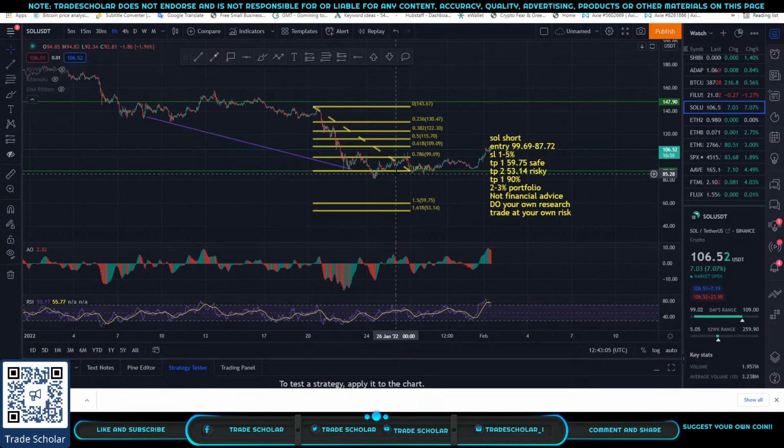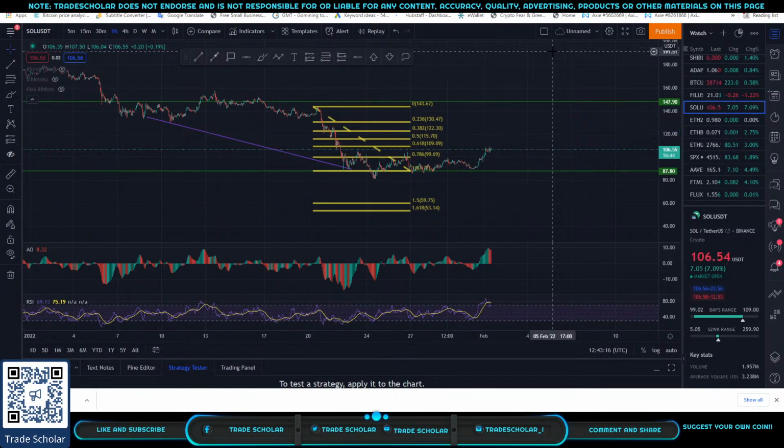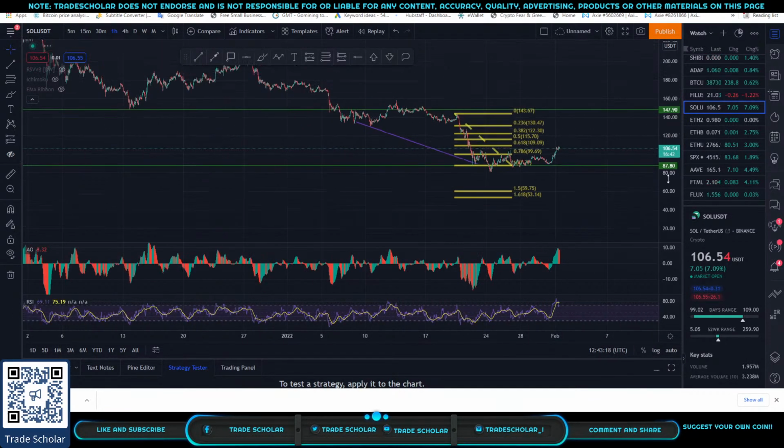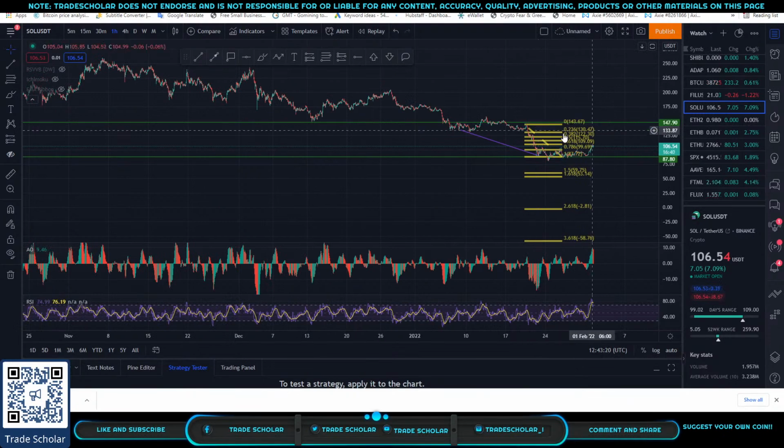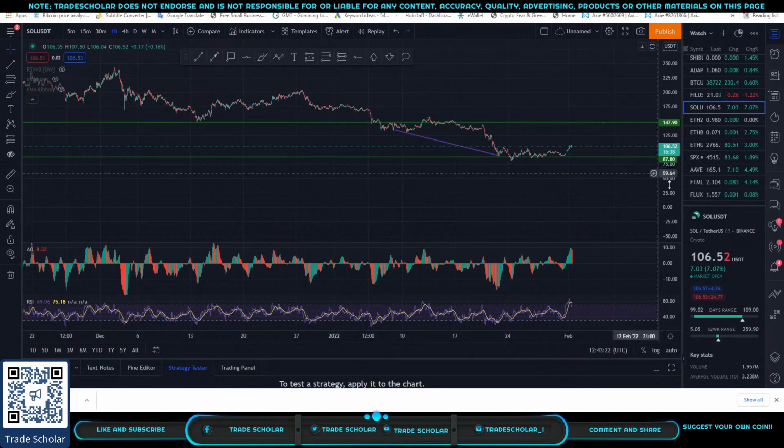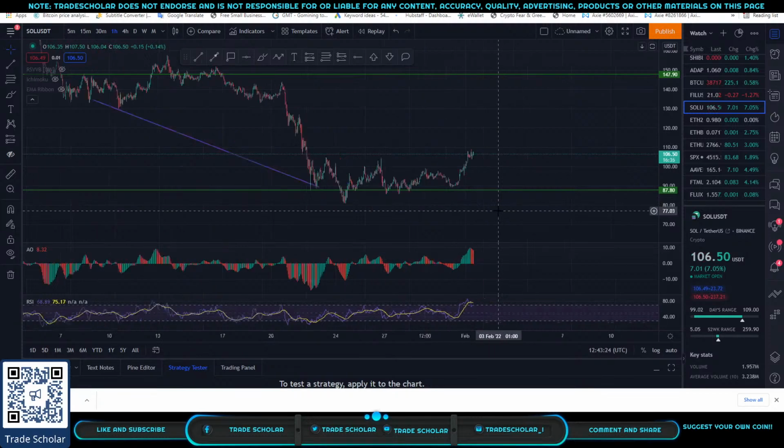We found support here. Sorry about that. Sol. Entry 99.69. Okay, it's already pumping. So this is invalidated. Okay, so what do we have here? This is a strong support right now for Sol.